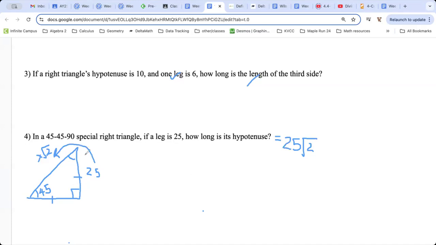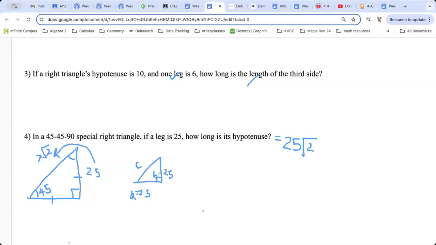What if you don't remember this piece? What you can do is, just like problem 3, you can do a Pythagorean theorem, okay? If you don't know that special right triangle piece, then you have to do the hard work. You have to use the Pythagorean theorem. So this is C, and both A and B are equal to 25.